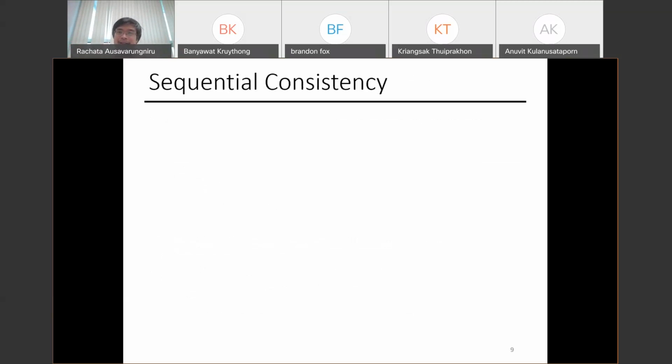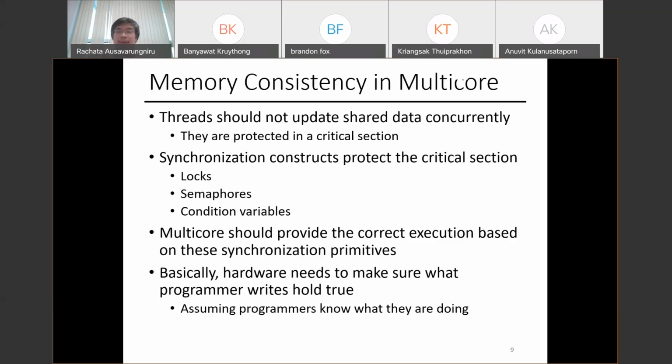Okay. One important thing that I want to tell you here is that the hardware will just run based on how the programmer tells the hardware to do. Hardware is dumb. It's just a piece of equipment that listens to the code you program. So whatever you command it to do, it will do exactly just that.